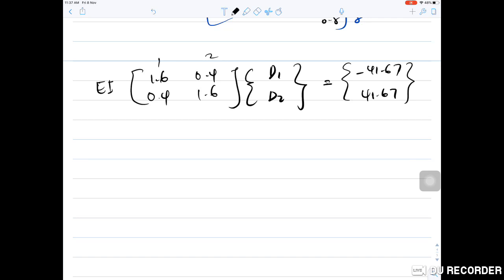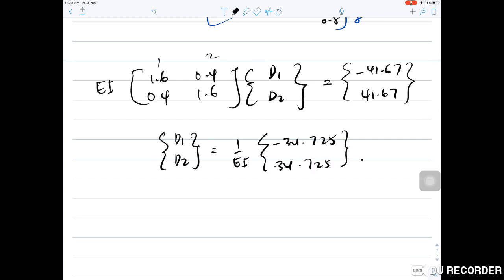So D1 and D2 are in terms of EI, because we did not put in the EI value, so the answer must be divided by EI: 1 over EI times negative 34.725 and positive 34.725.